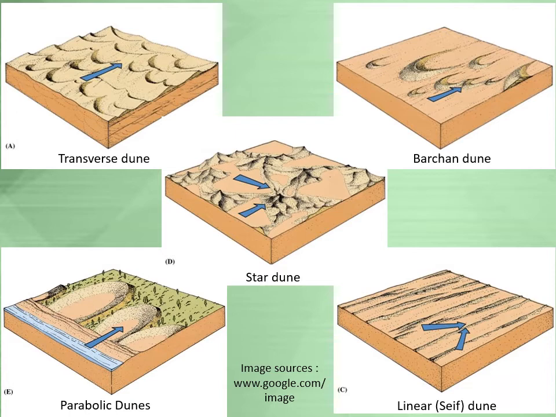Again, the opening of U is towards the down current direction, or otherwise you can say the closer of U towards the up current direction, or you can say the horns of the U, that is these pointed tips, they occur towards the down current directions. Now, both the transverse and Barkhan dunes are formed due to unidirectional flow.